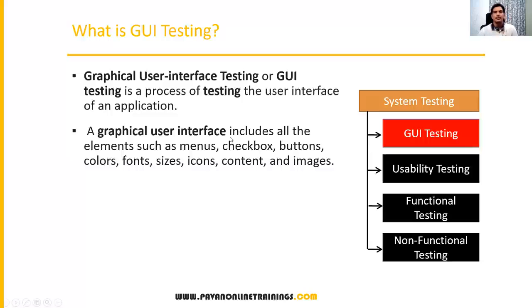A graphical user interface includes, as I said before, elements like menus, checkboxes, buttons, colors, fonts, sizes, different icons, content or images. All these things we are going to test as part of GUI testing. Our main focus is on the UI part, not exactly the functionality.